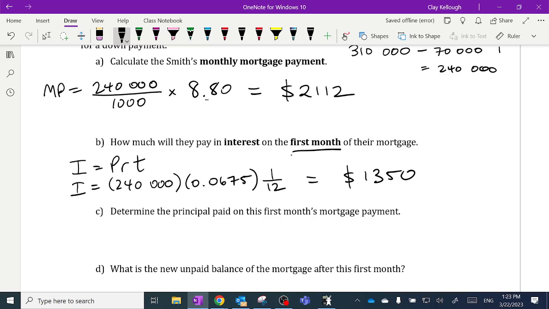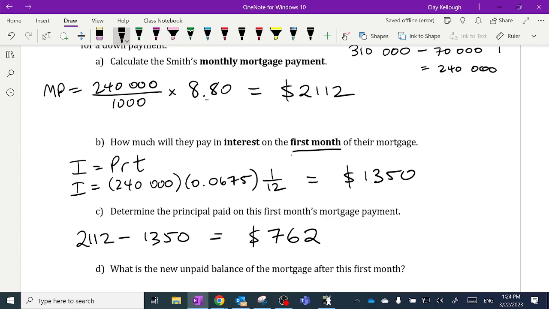For C, principal. This is only a 1-mark question because all I got to do is take my monthly payment minus how much goes to interest. And that's going to be $762. Don't forget to put dollar signs on final answers, right? Now, what is the new unpaid balance of the mortgage?